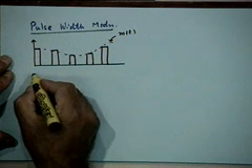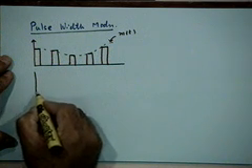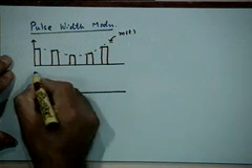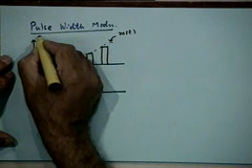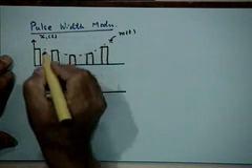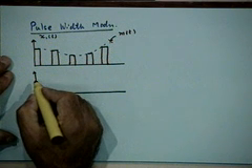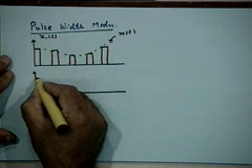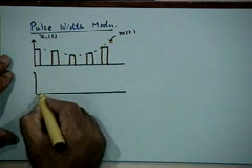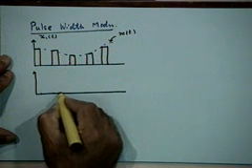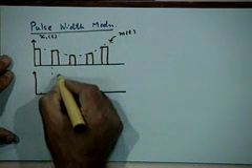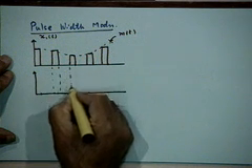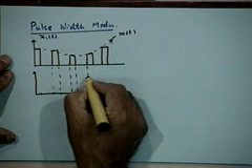Now, to this signal, let me call this x1(t), we simultaneously generate another set of pulses of constant amplitude, but whose shape is triangular in nature, and synchronized with these pulses.